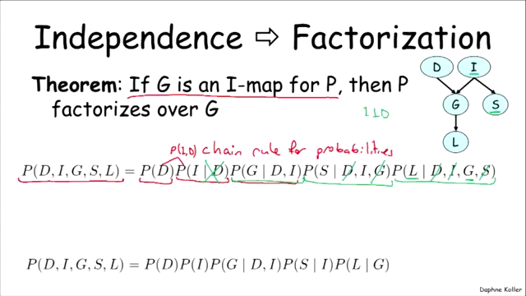Altogether, that gives us exactly the expression that we wanted. So, again by example, we proved that from these independence statements, we can derive the fact that P factorizes using the product rule for Bayesian networks.